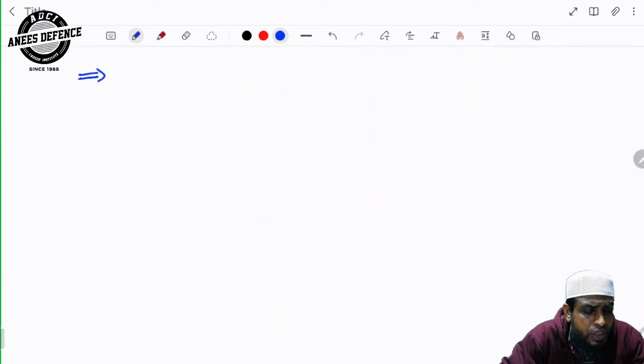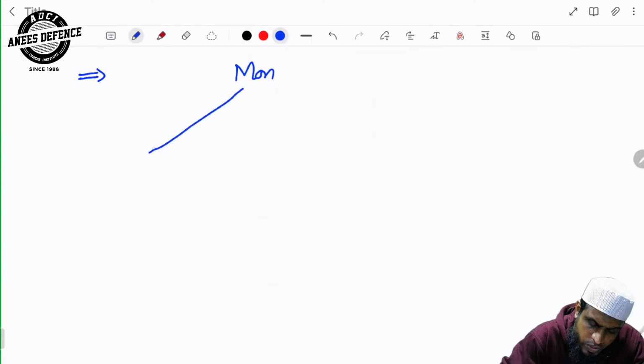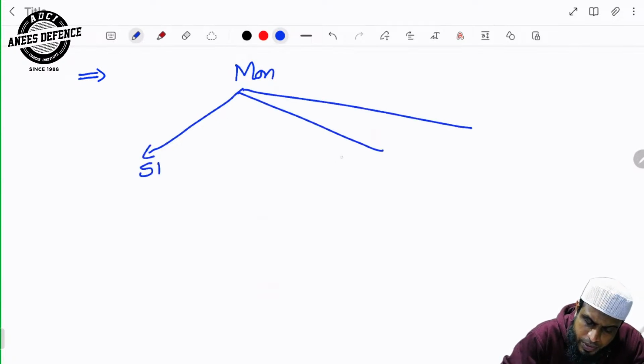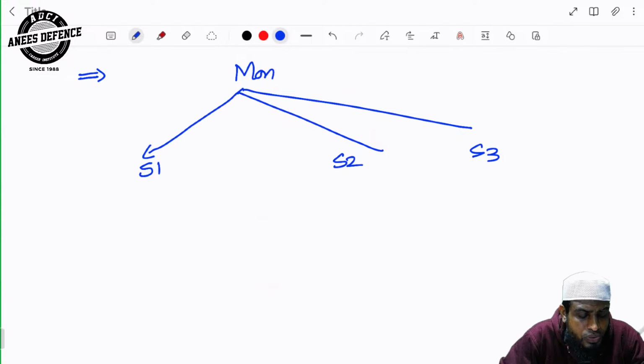A man has 3 sons. The man can do twice the work of 3 sons. A man is here. 3 sons are there: son 1, son 2, son 3. The man can do twice the work of 3 sons.